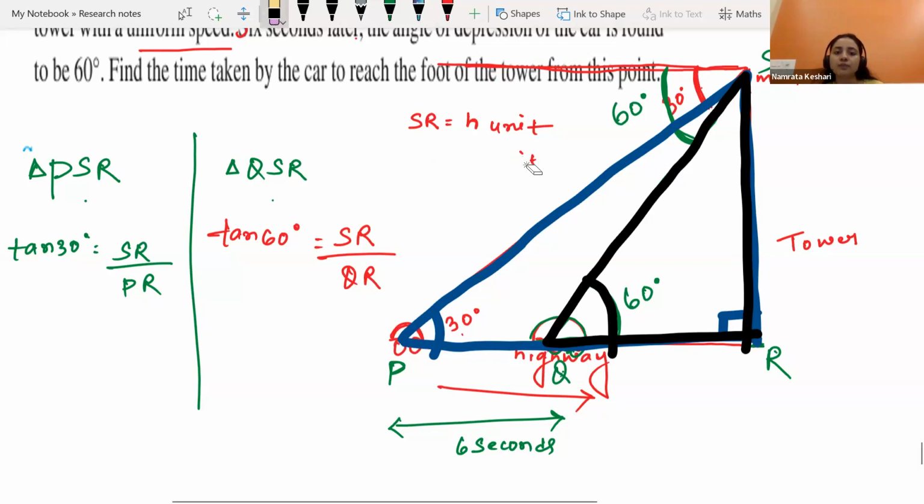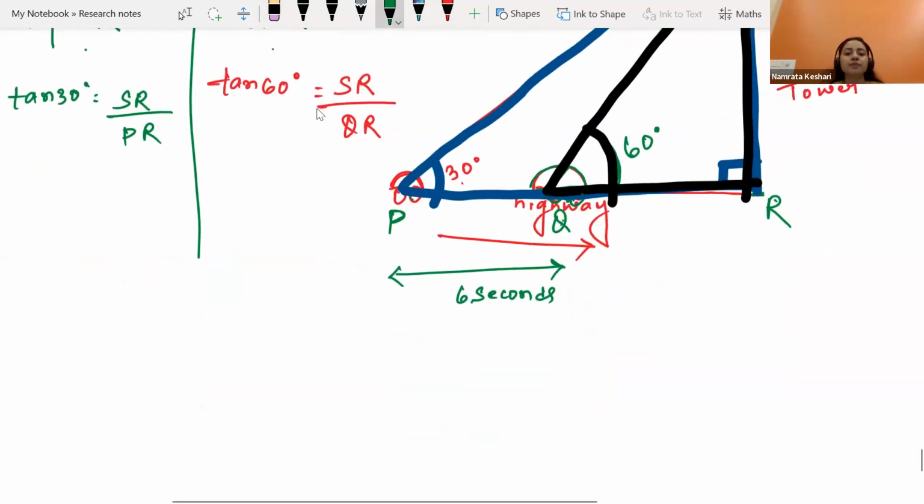One thing we know is that to cover the distance from P to Q, time taken is 6 seconds. If we try processing this information, what can we do? Speed is equals to distance over time.